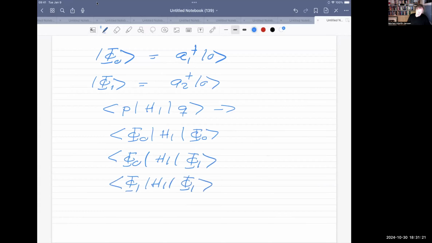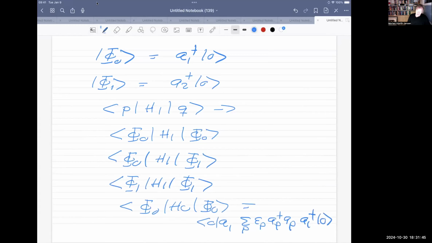Now, if I take the elements with a phi 0, for instance, with H0, a phi 0, this is just going to be given by 0, and then I'm going to have an A1, and then I have the operator here, the sum over P of epsilon P of A P, acting on A1 dagger of 0.